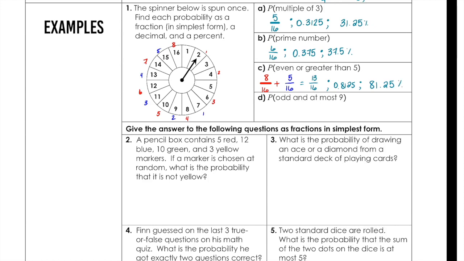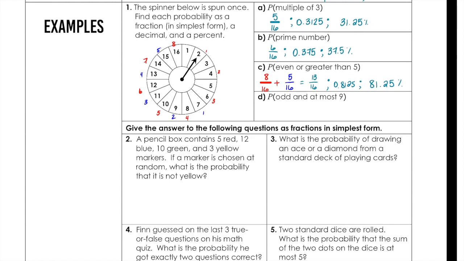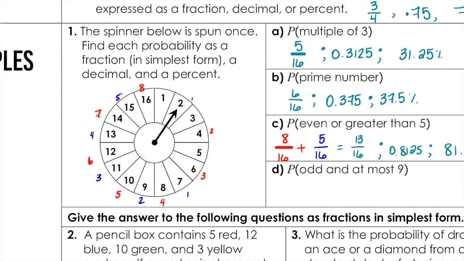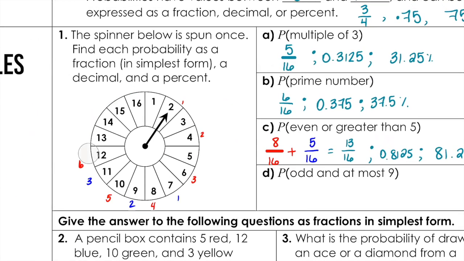All right, and this next one is an and statement. So if or means add, and is going to mean multiply. And we don't really need to multiply it because now we've got some restrictions. So we're going to our wheel here, and because they put and, we've got a lot of restrictions we get to deal with.